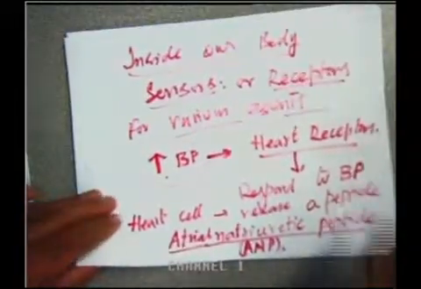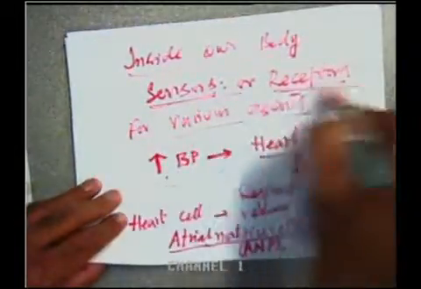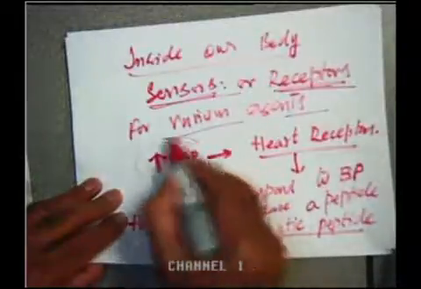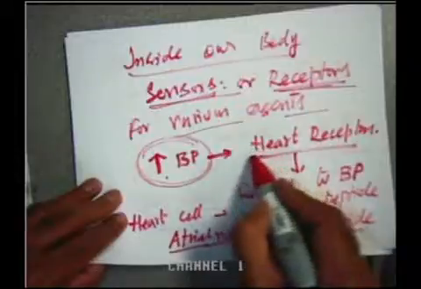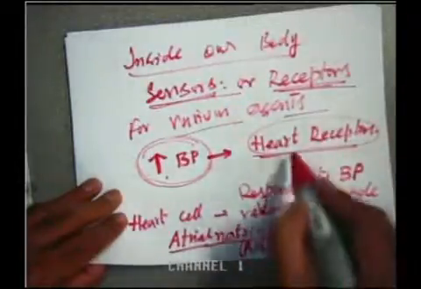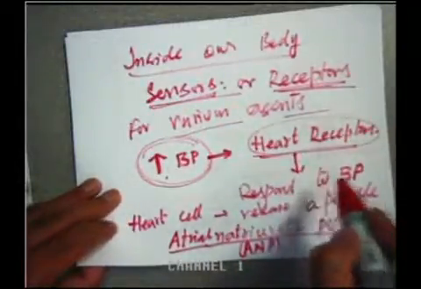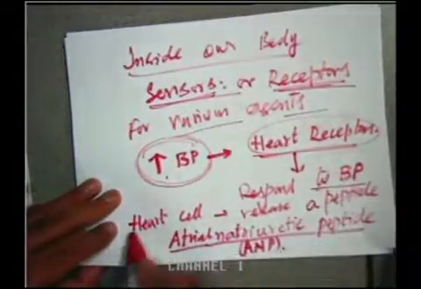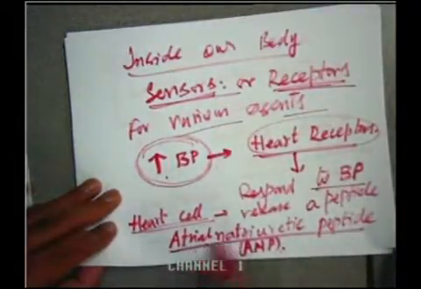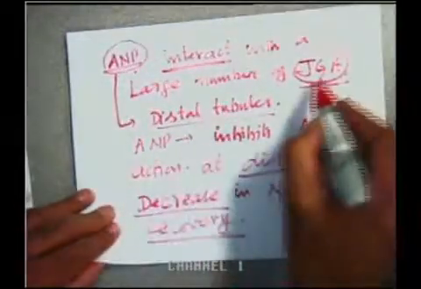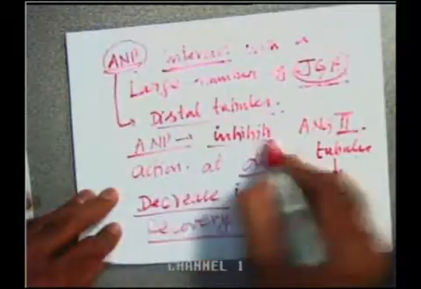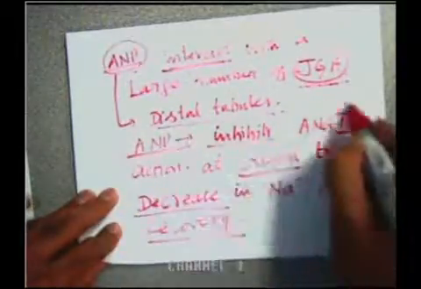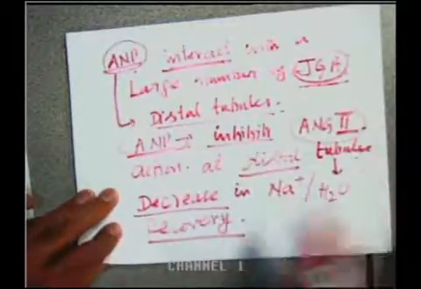How? The sensors and the receptors in our body, especially if there is an increase in blood pressure, that is sensed by heart receptors. Heart receptors respond to high BP, blood pressure. The heart cell releases the ANP, atrial natriuretic peptide, and this peptide interacts with JGA and the distal tubules, and ANP from the heart inhibits the Ang2 reaction.